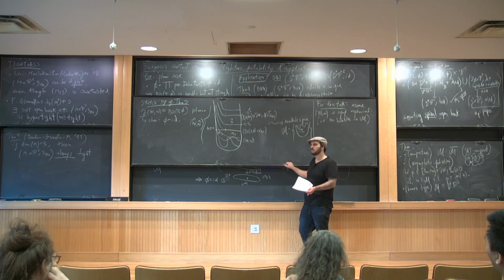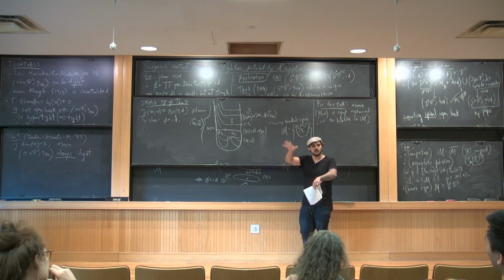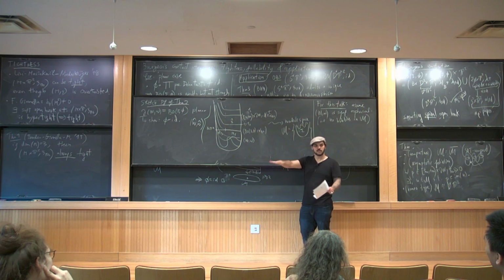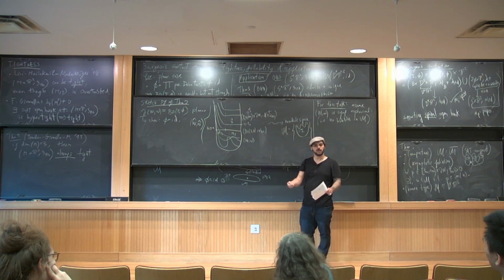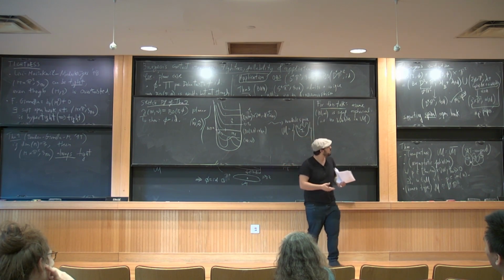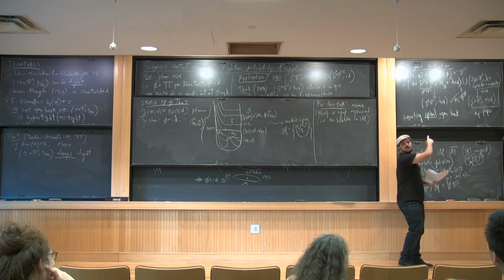You need to deform your contact structure. You start with your supporting contact structure. There's a Giroux form which is adapted to it. You need to deform your Giroux form such that it becomes tangent to the pages away from the binding. And now, because it's tangent, you can take any J on the page which makes that piece holomorphic. And then you need to add some cylindrical lengths. The J is going to be adapted to this geometry.